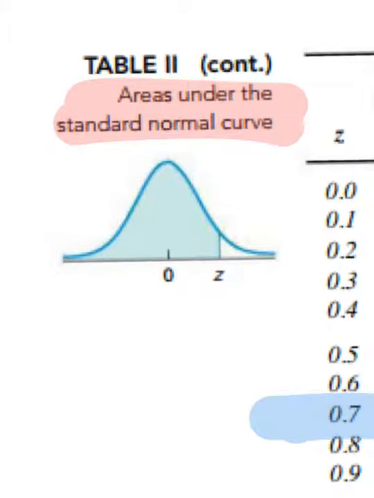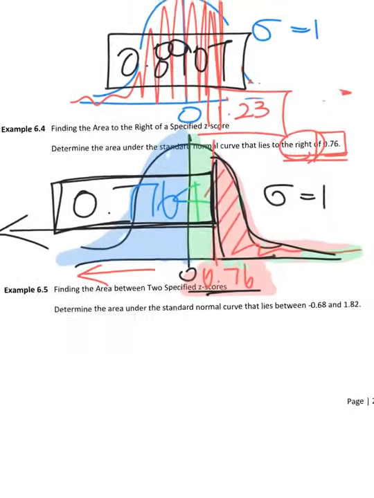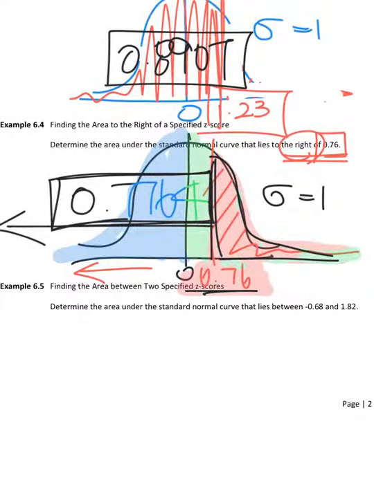Always the z-table gives us left probability. Always left. But now I need the right. How can I take the probability on the right? We knew left. Any idea?